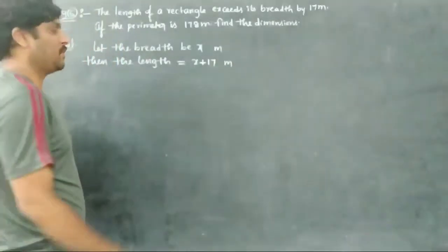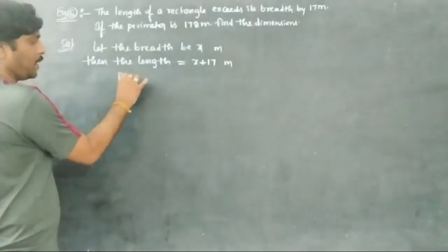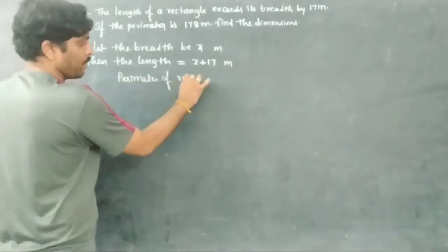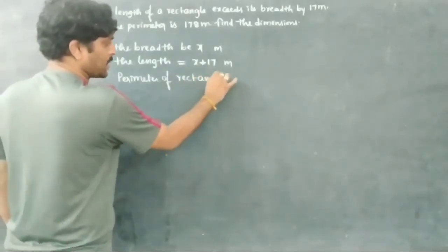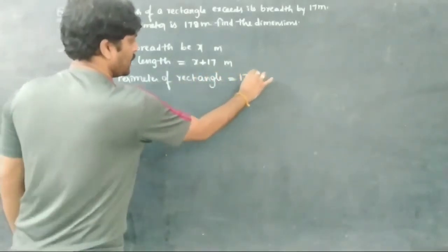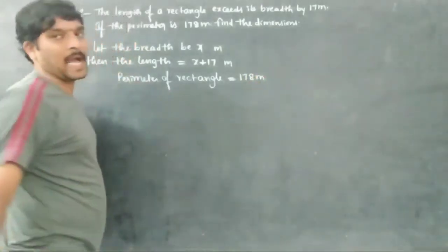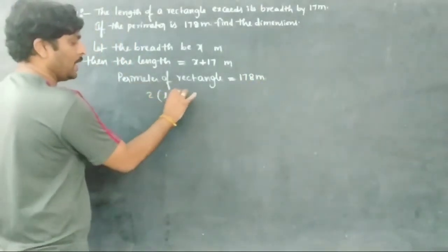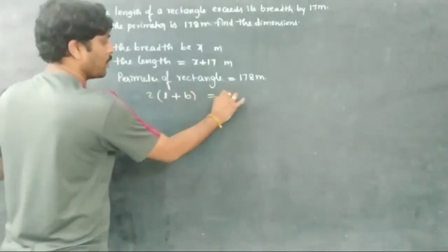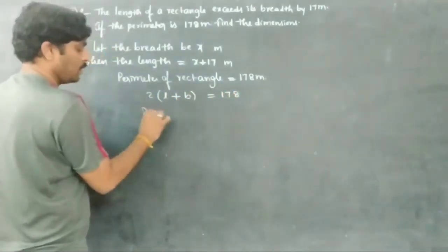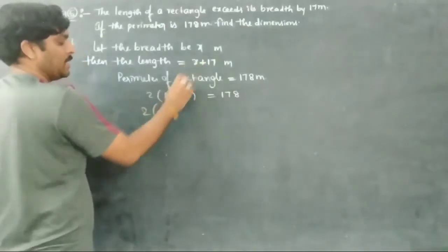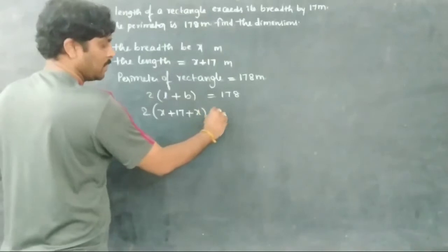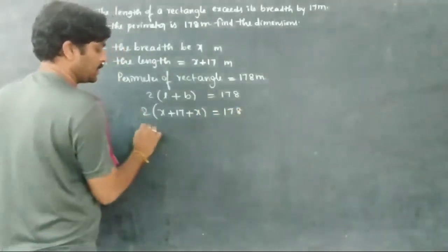Now the perimeter is given. The perimeter of the rectangle is given as 178 meters. But we have the formula for rectangle perimeter: 2 into (L plus B) is equal to 178. 2 into (length x plus 17, breadth x) is equal to 178.